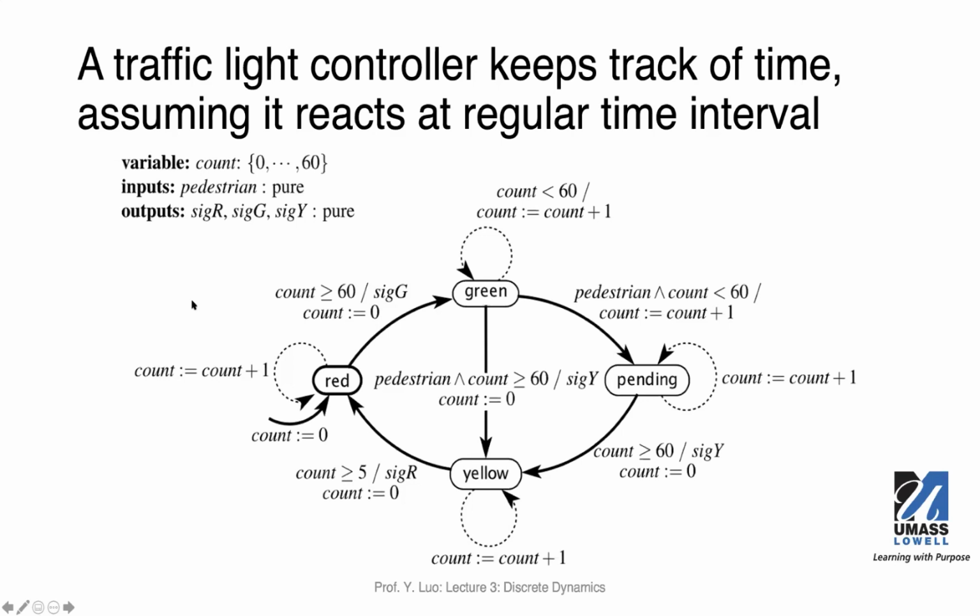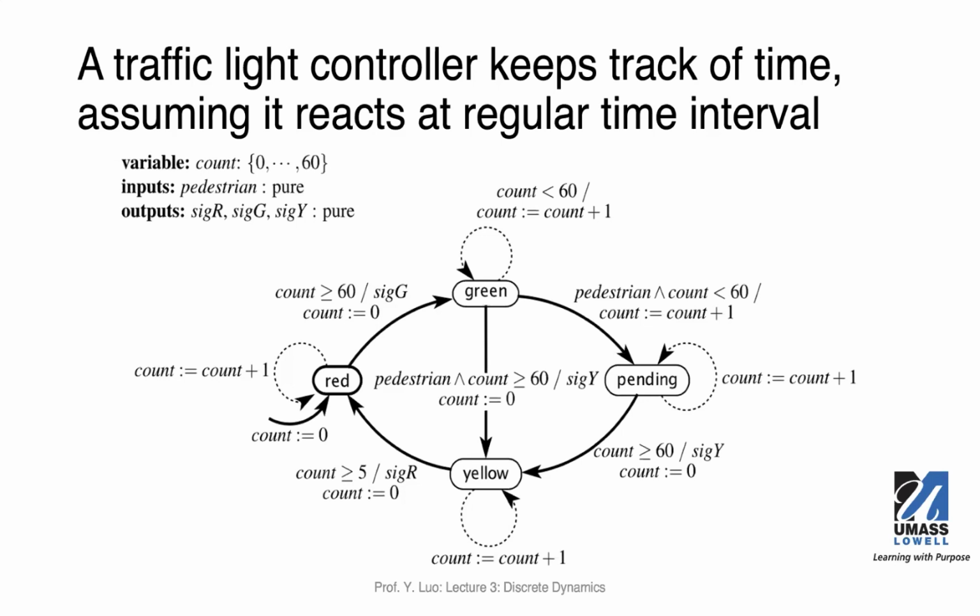Now, this is how we define the state machine to control the lights. Of course, for the inputs, we should have something like a sensor to detect if there's a pedestrian present. It's part of the design as the input to the system, and it could change by the environment.